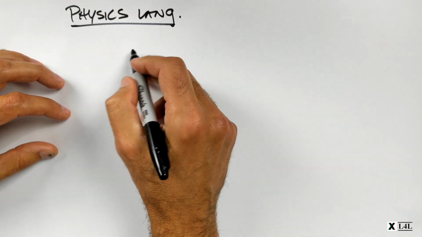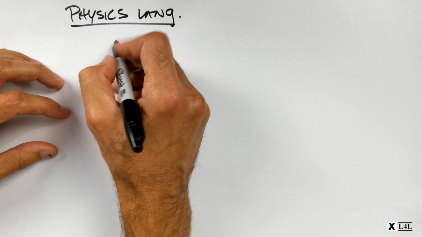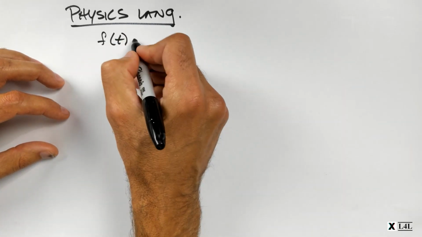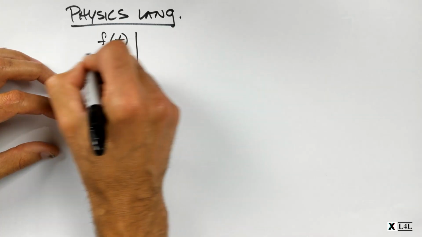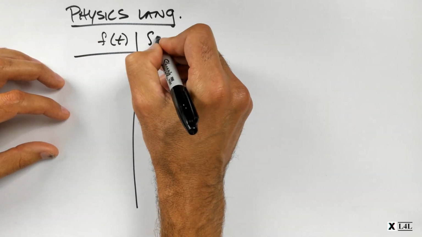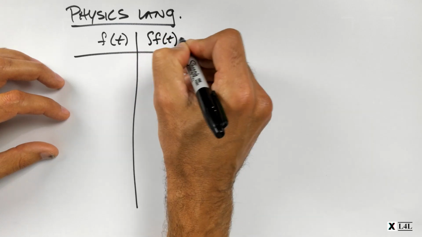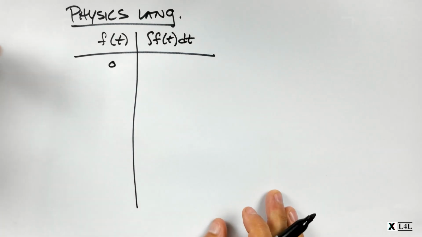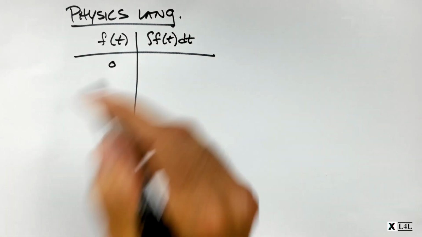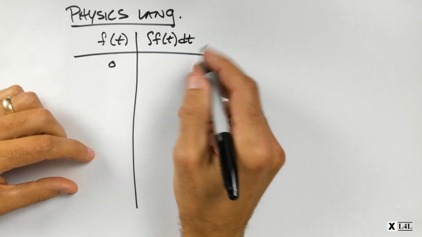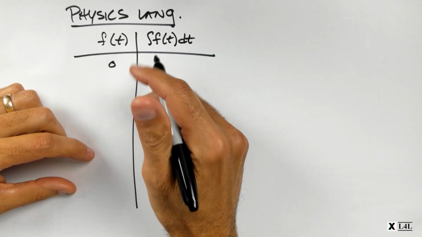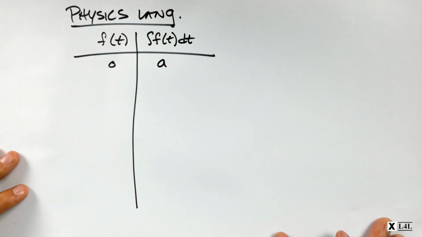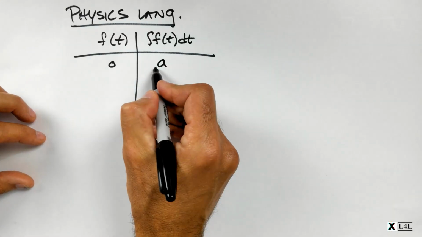Okay, so instead of f of x, we're going to say that we have a function with respect to time, and we're going to integrate that function with respect to time. So again, if we have 0, what we said is that it becomes 0 plus some c. Well, rather than this constant, we're just calling it c, I'm going to call this a as a variable. Okay. Now let's move this down over here.